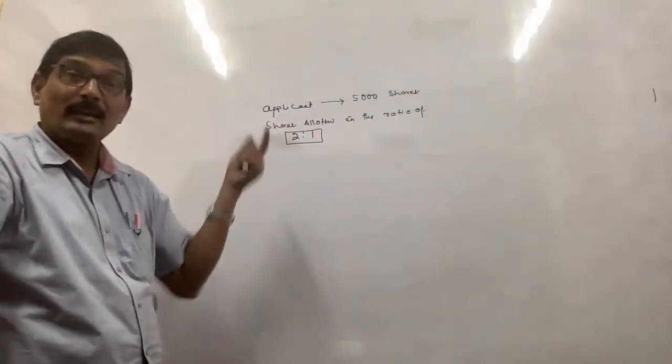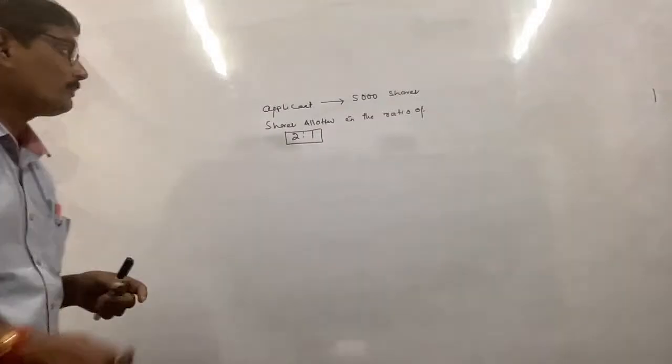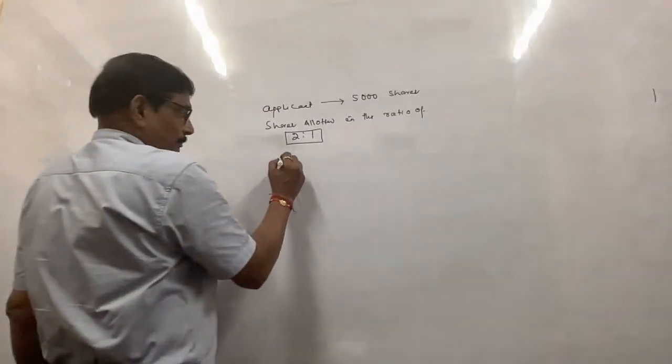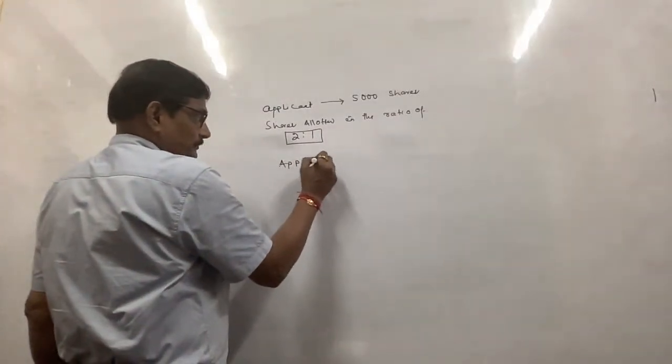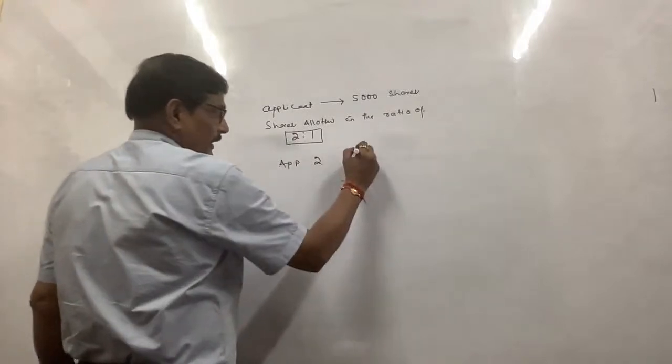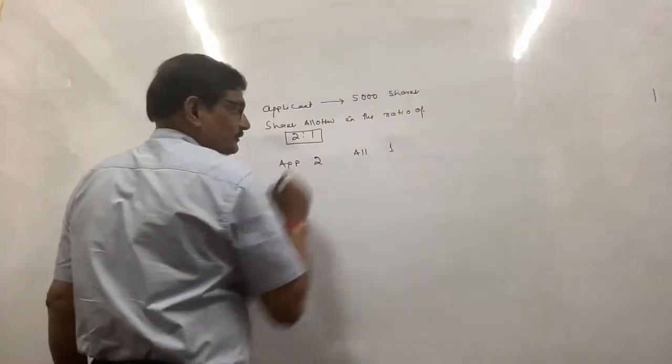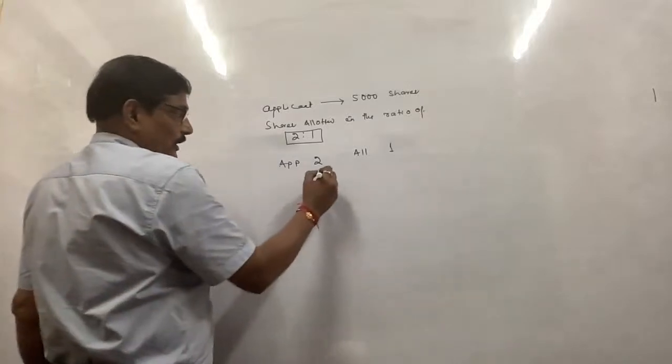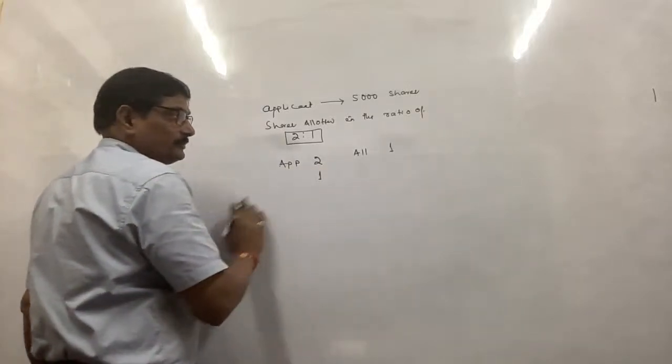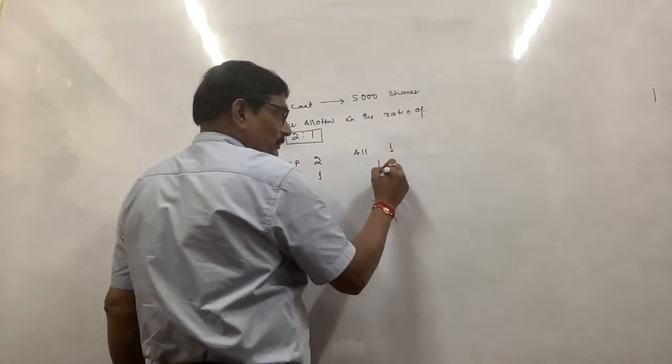First, let us understand this calculation. That will go for accounting. So, applied 2 shares, allotted 1 share. So, applied 1, allotted will be 1/2.